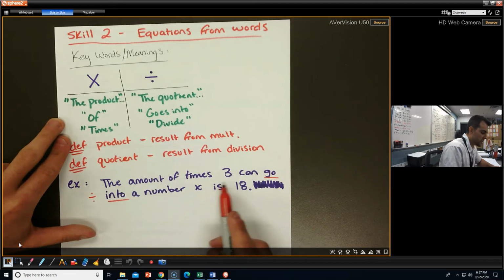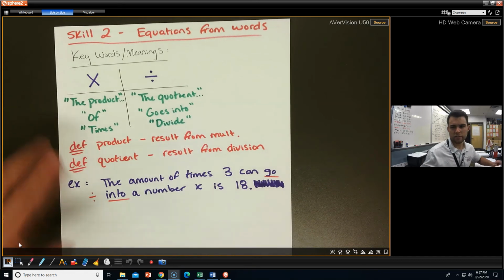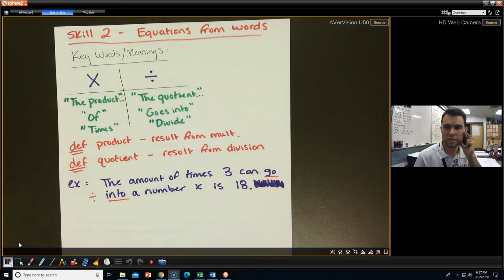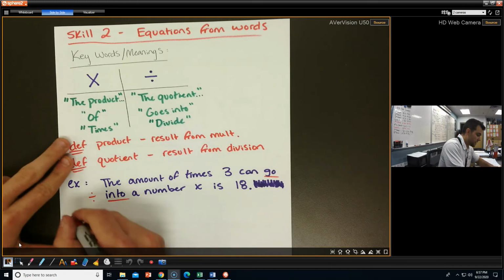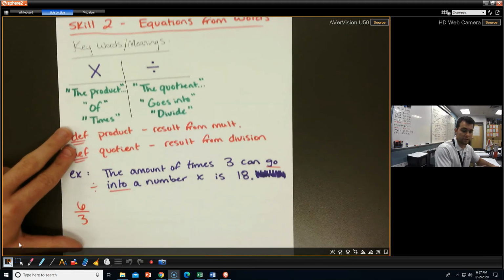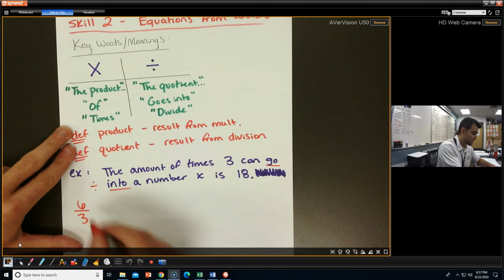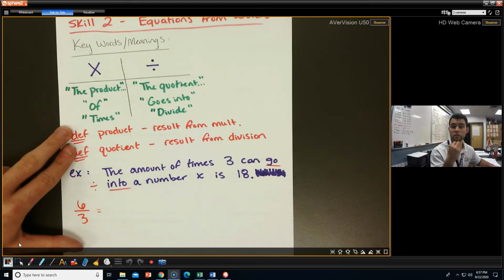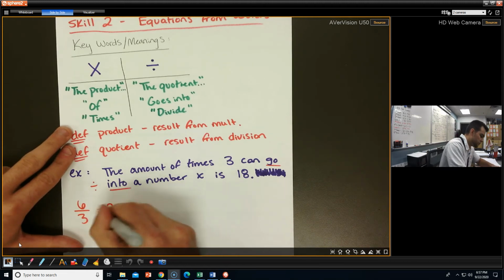So if I asked you, how many times does 3 go into 6? You're going to tell me 2. So how you would set that up, the amount of times 3 can go into 6 is going to be 2 times. 6 divided by 3 is 2.